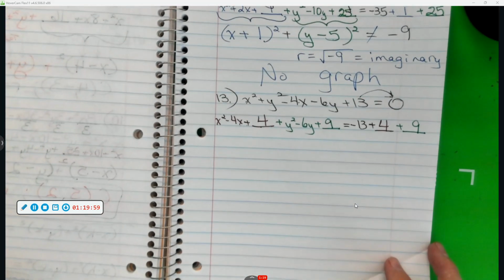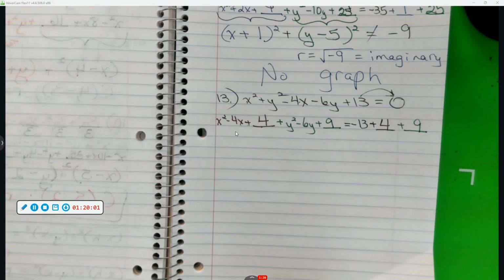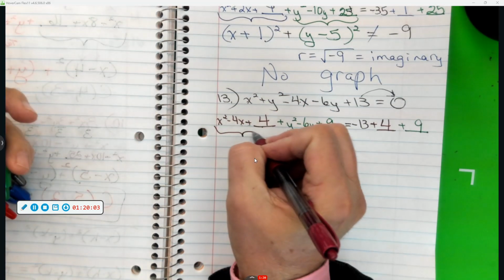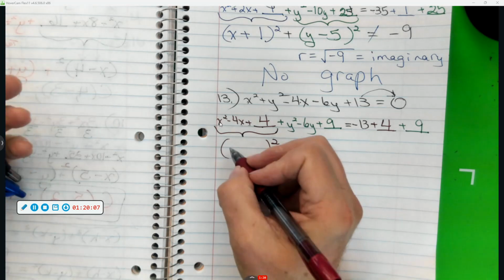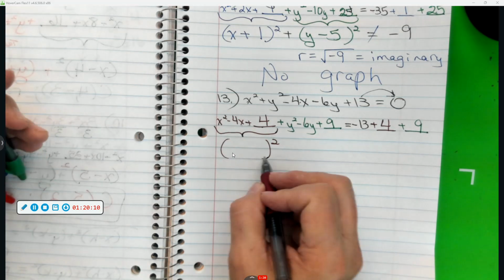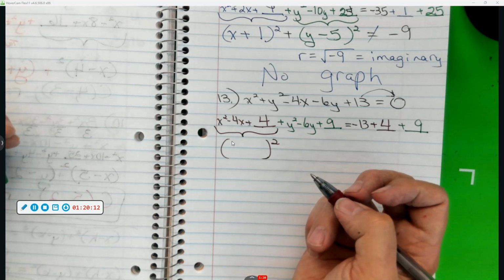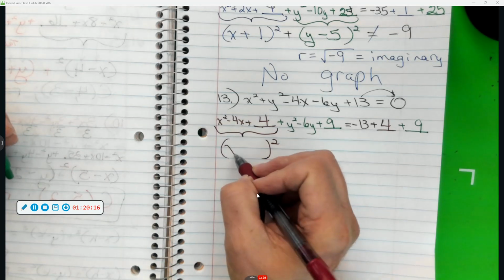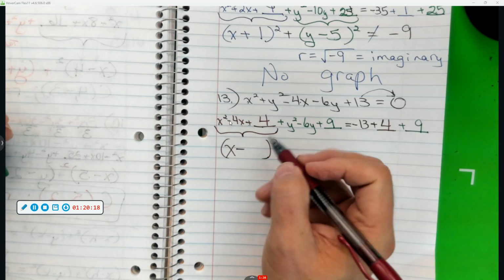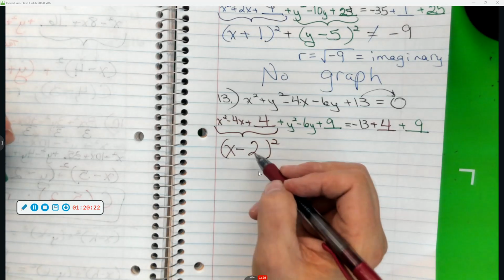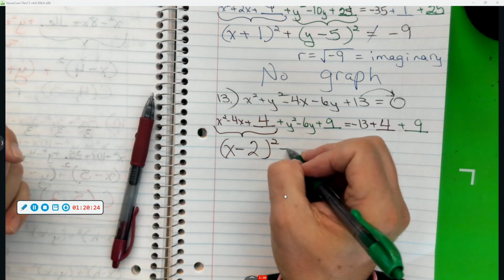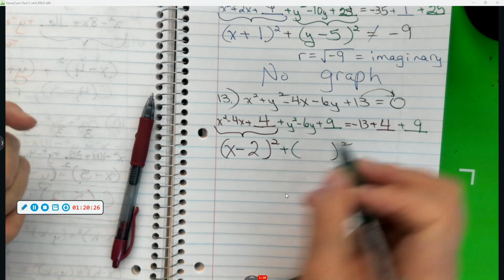Okay, and now let's factor. Let's factor the x terms. What will I have inside the first set of parentheses? I'll get us started. X minus, variable, sign, half of that number, plus, now let's factor the y terms.